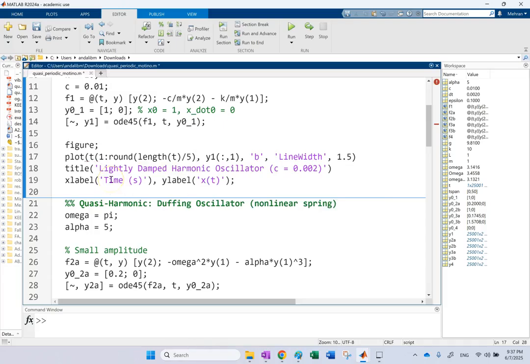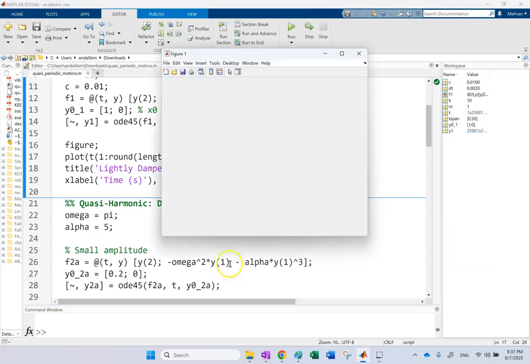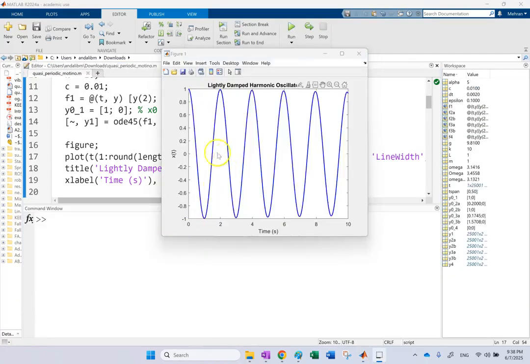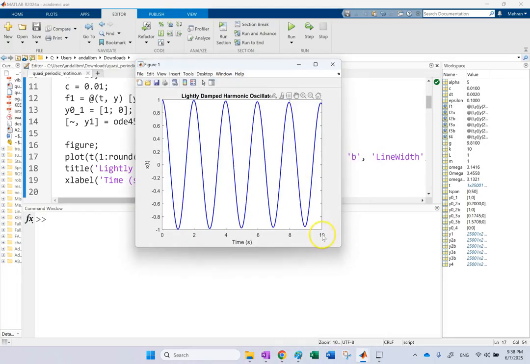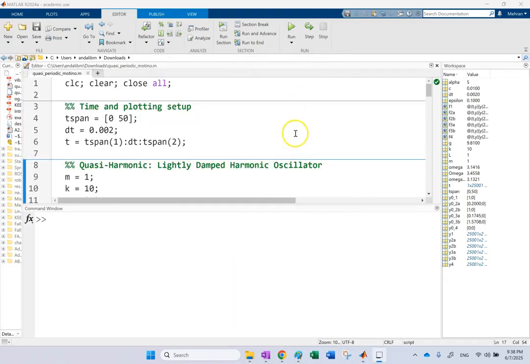And then you should be able to plot it only for 10 seconds or so. Here we go. So here I'm just plotting it for 10 seconds. I just limit t and response to 1/5 of the time instead of 50 seconds, to 10 seconds. And you see now your amplitude is slowly, very slowly changing. And I brought c down to a very, very small number.